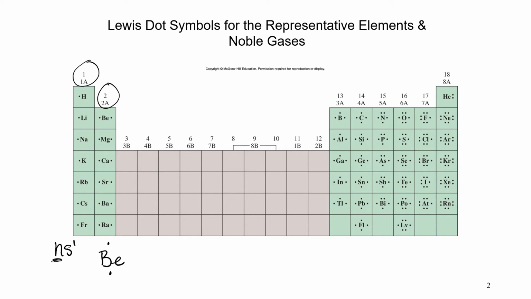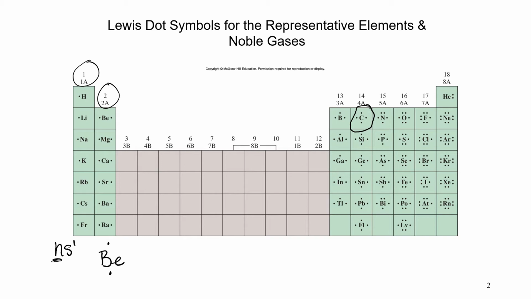We try to evenly distribute them or symmetrically distribute them before we start pairing them. And so if we jump over to 3A, you see boron with 3 electrons, one on each of 3 sides. Carbon is the first time we have 1 electron on each side.